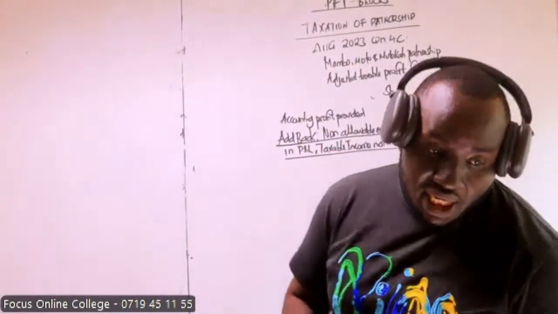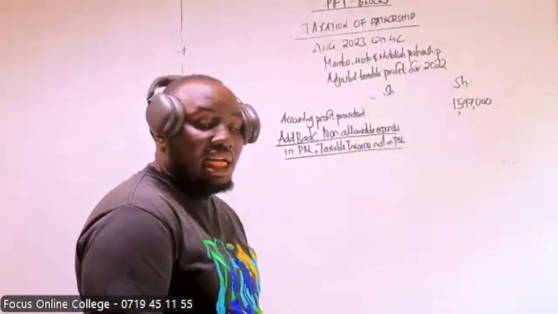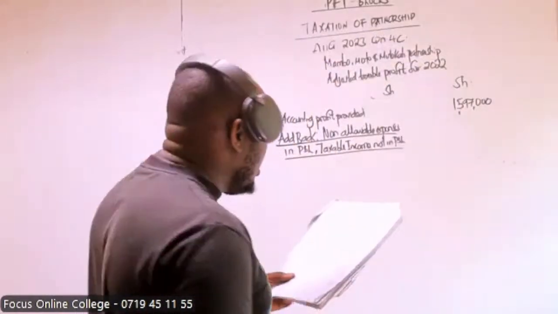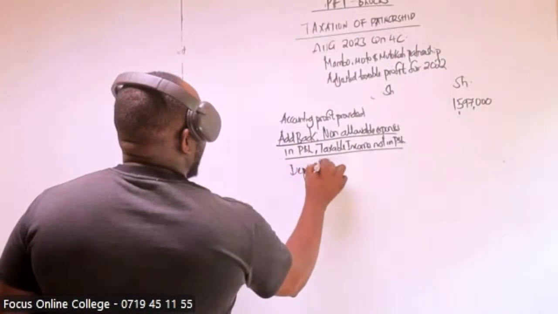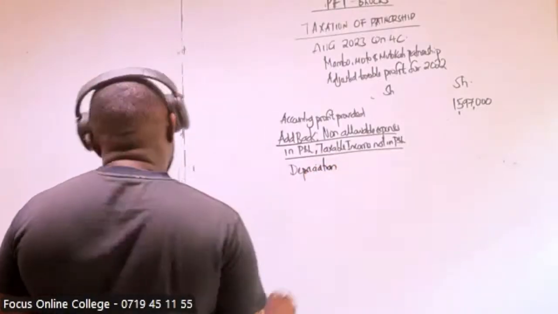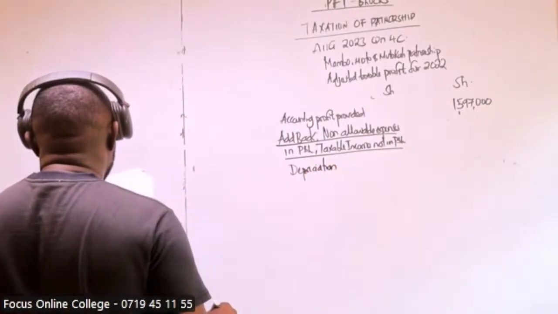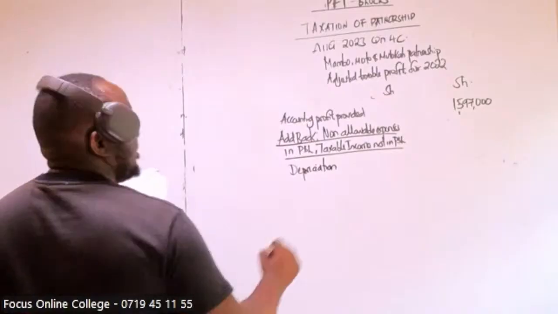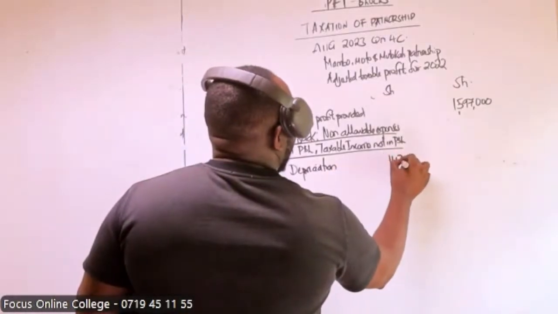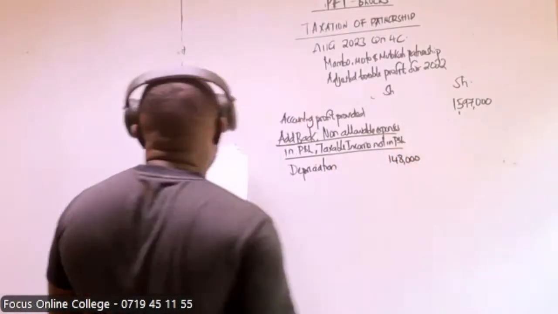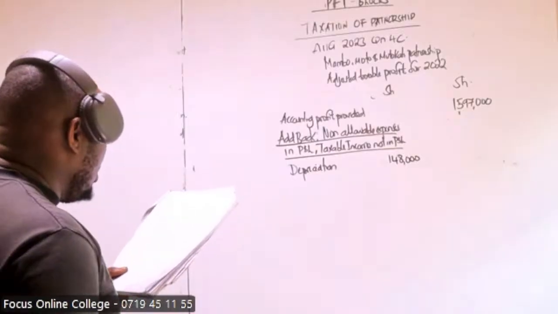So we start from the P&L, the non-allowable expenses that are in the P&L. The first is depreciation. What is the figure for the depreciation? The figure for the depreciation is 148. So we proceed.